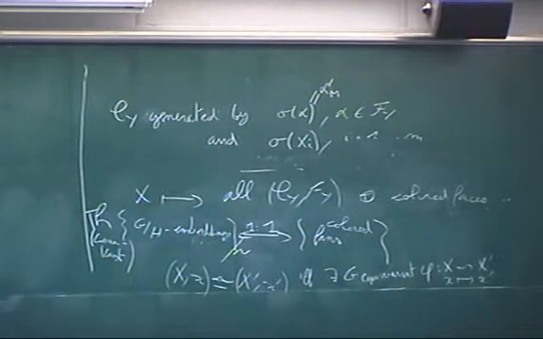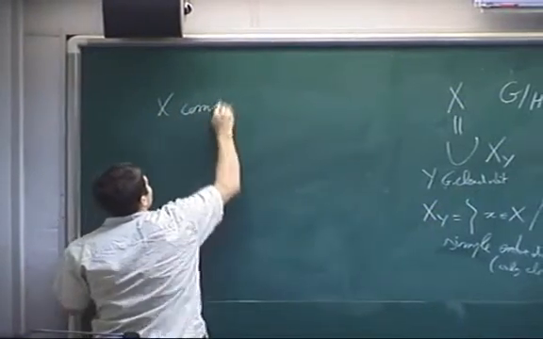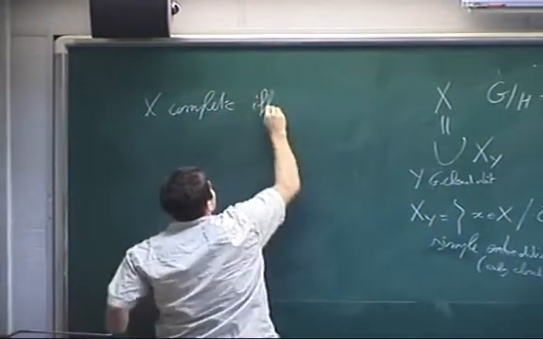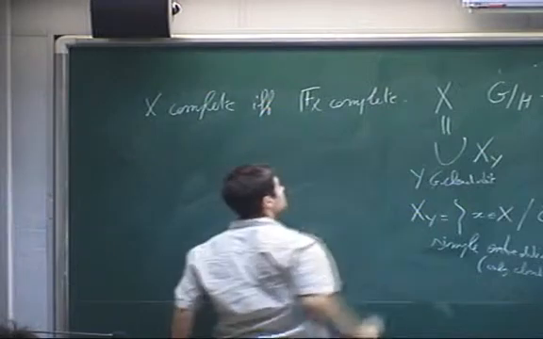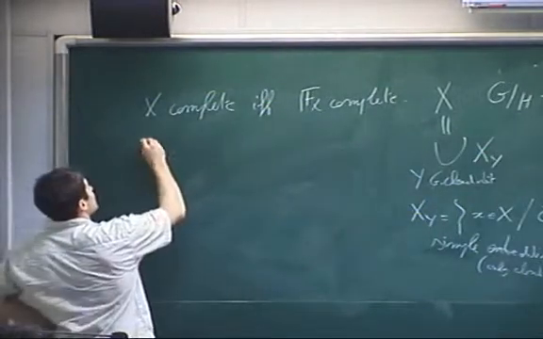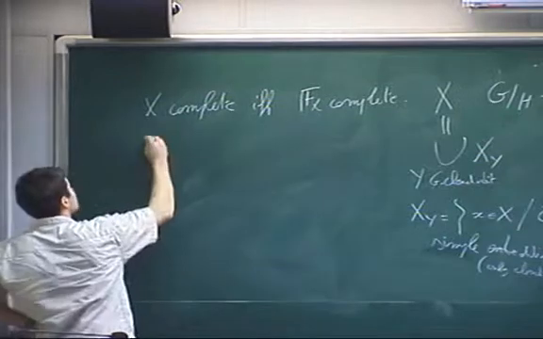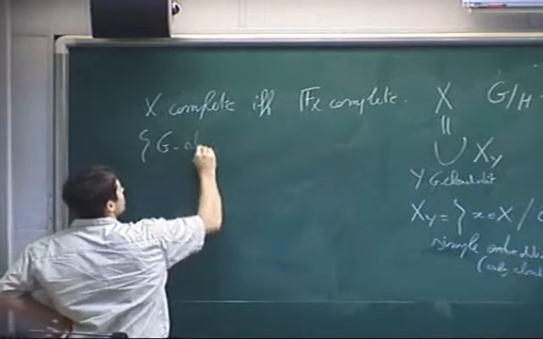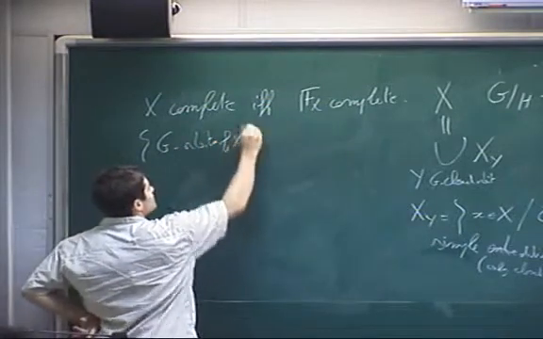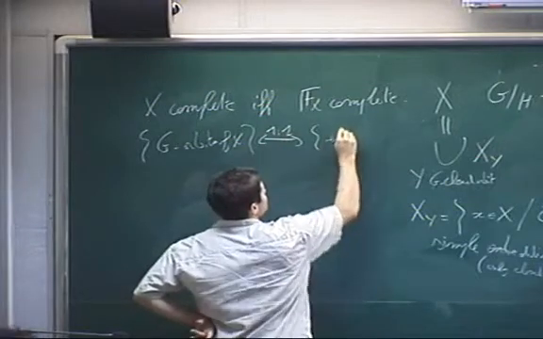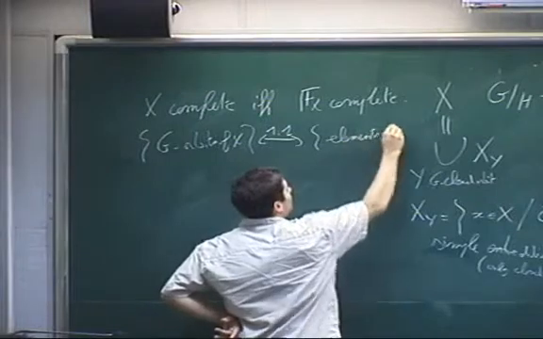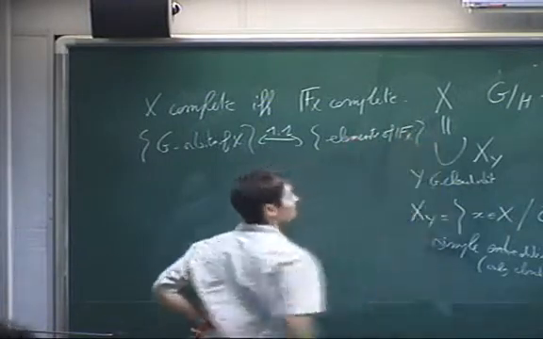This result is very nice because we also have properties as for toric varieties. For example, we can say that X is complete if and only if its fan is complete, so if it covers all the space. We also have a bijection between G orbits of X and the elements of the fan, the colored cones in the fan.